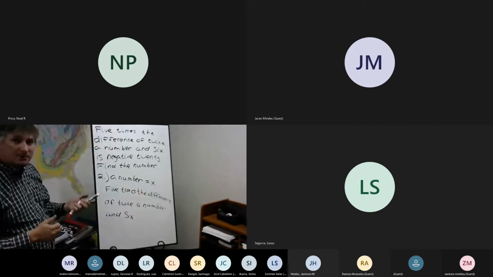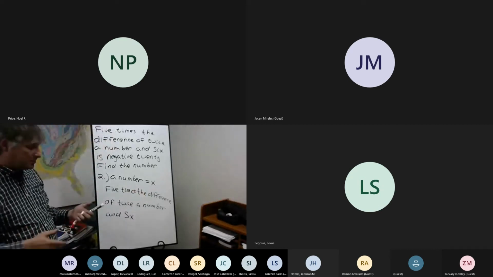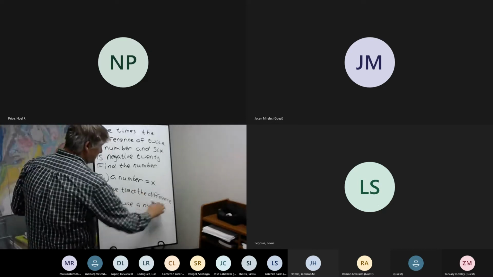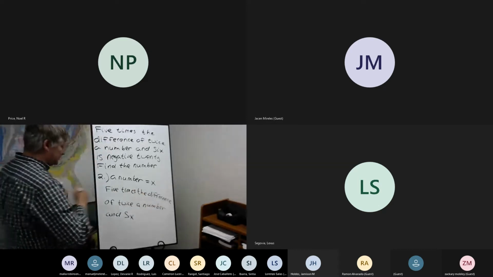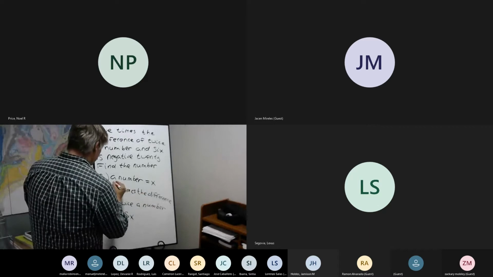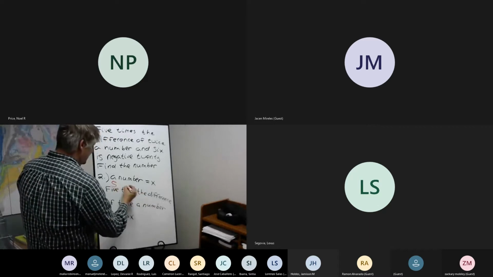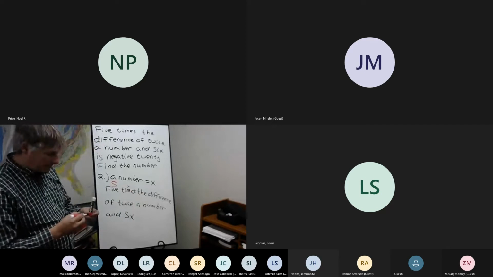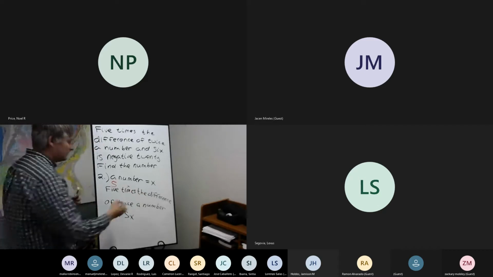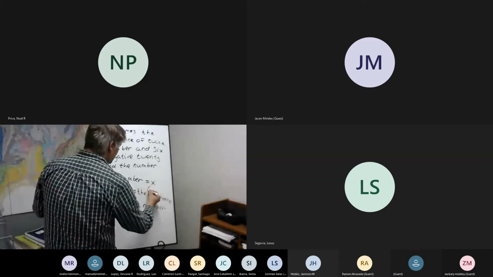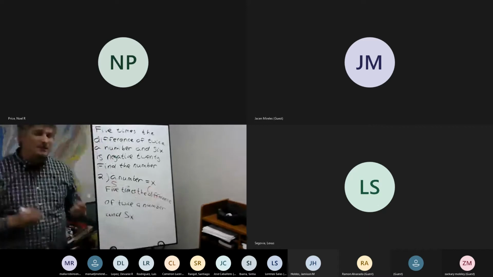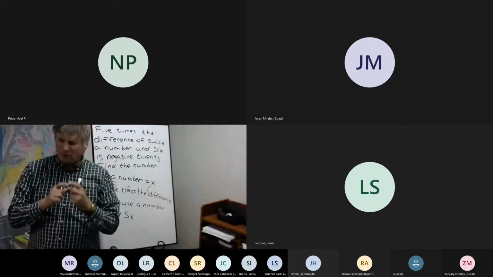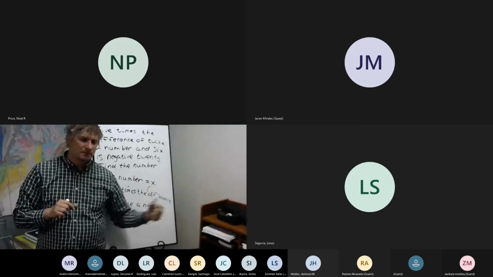Now, first off, something to keep in mind with this type of problem, 5 times the difference. So this is going to be 5. This is going to be times. And then the difference. So what that means, we're going to put parentheses, because a difference is one number subtracting another, or one thing subtracting another thing.